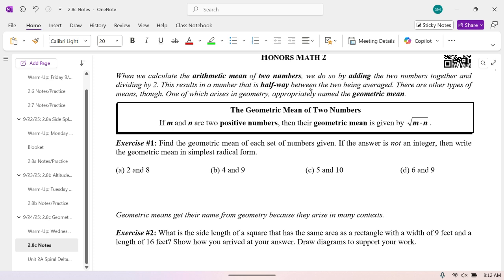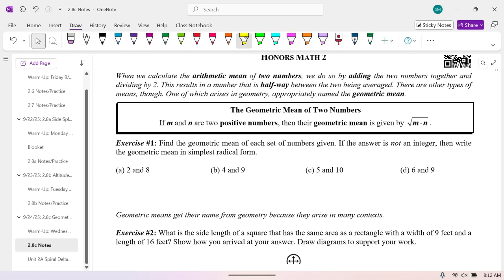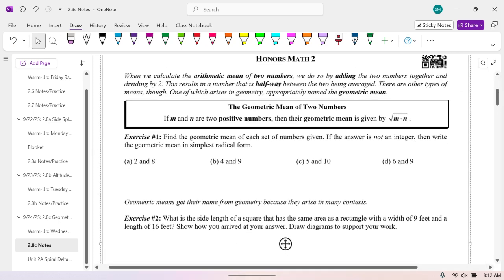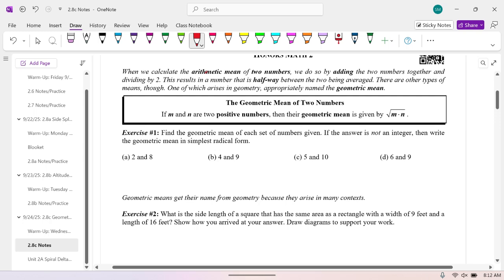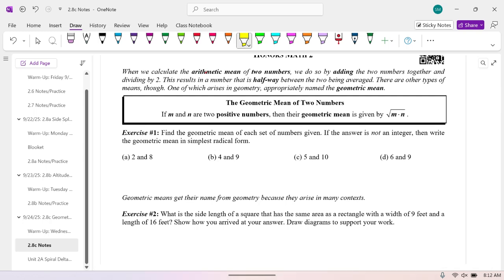Now, in this case, mean still means average, but the average that you're familiar with is an arithmetic mean, meaning you're adding numbers and then dividing. So an arithmetic mean of two numbers, we're adding the two numbers together and dividing by 2.